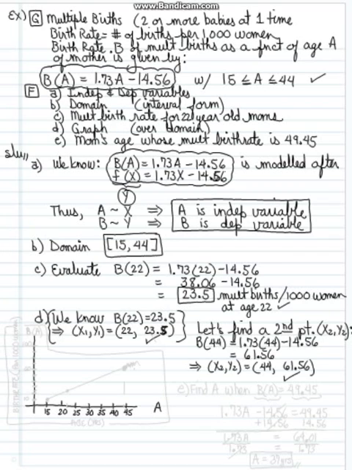We're going to do increments of 10 for the birth rate: 10, 20, 30, 40, 50, 60, 70, 80, 90, 100. So this is the age of the moms in years, and on this axis we have birth rate per 1,000 women.